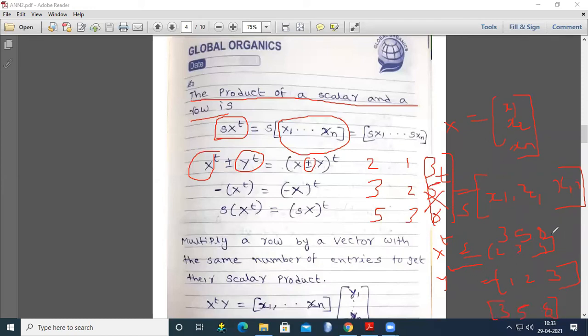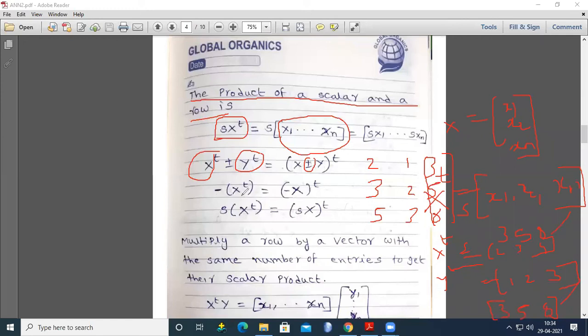Now these two are the same. So xt plus or minus yt equals x plus or minus y whole power t. That means when you perform the addition individually on xt and yt, you find the addition and convert it to a row. So both are the same.